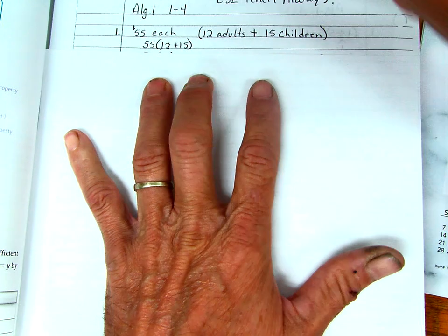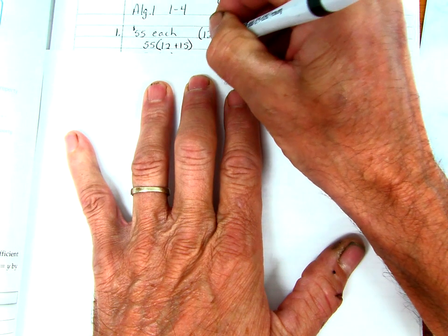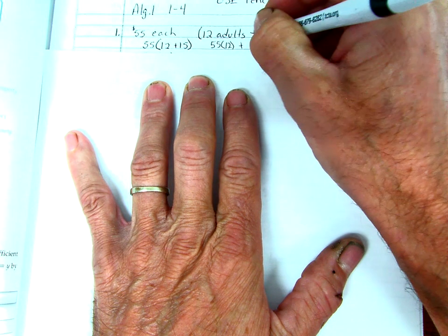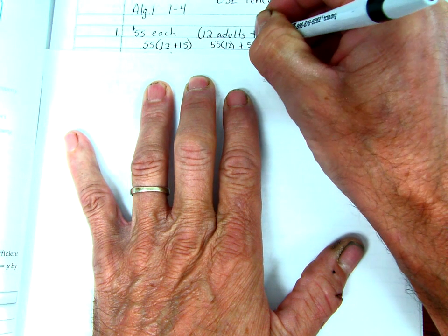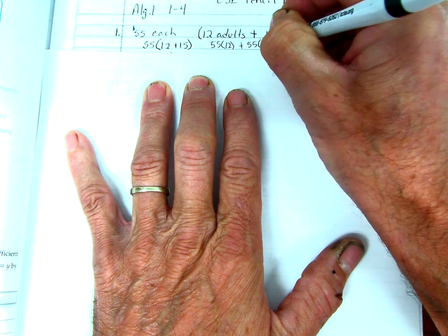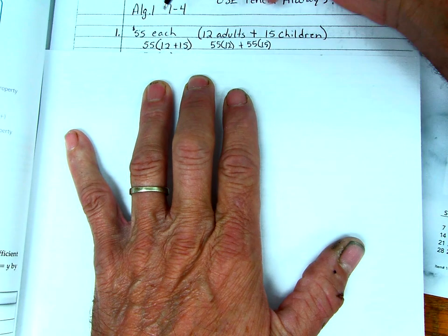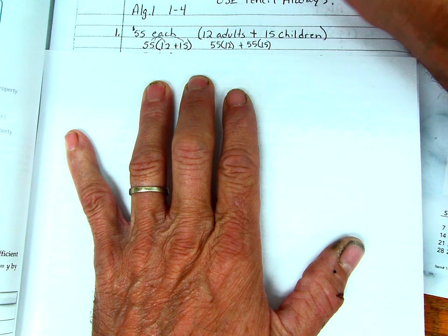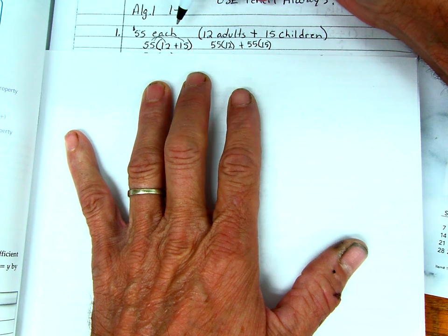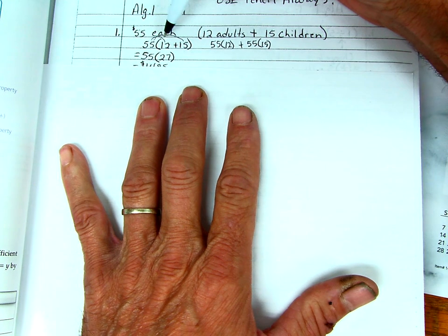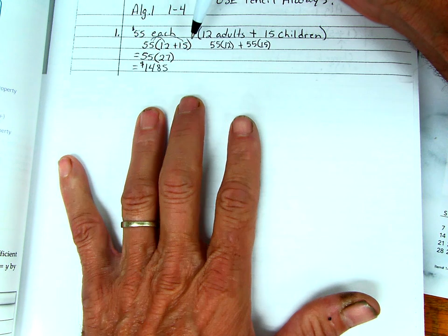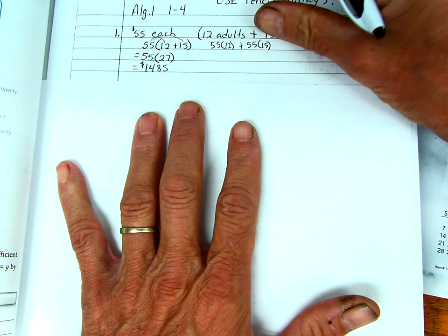We could also have done 55 times 12 plus 55 times 15. But following our order of operations, that would be redundant. We don't need to do that. Combine the like terms, and there's your solution.